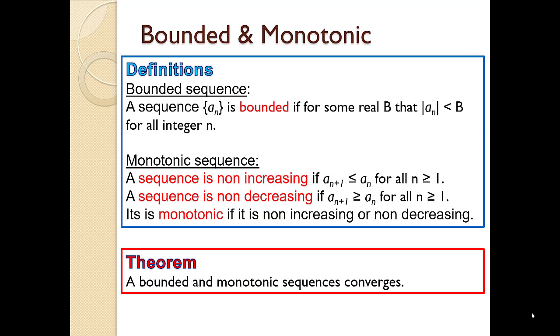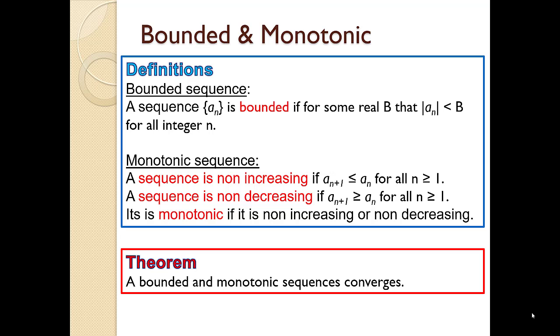So if the next value is always greater than or equal to the previous value, it can never decrease. It's either the same value or it's more. We say a sequence is monotonic if it's either non-increasing or non-decreasing.